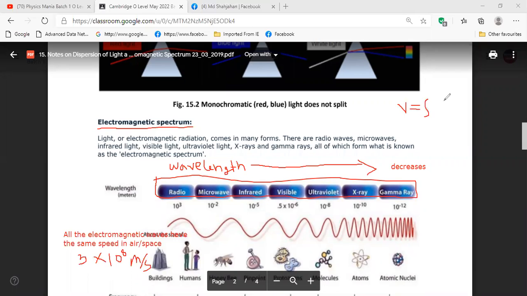Yes, sir. You know V equals F lambda. Now, we are having V same for all of them, right? V is same for all of them.